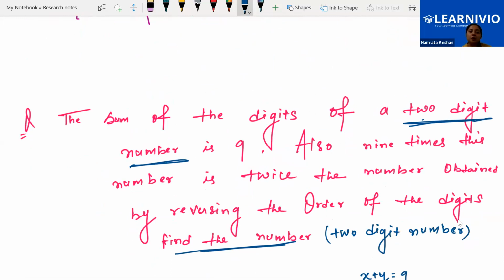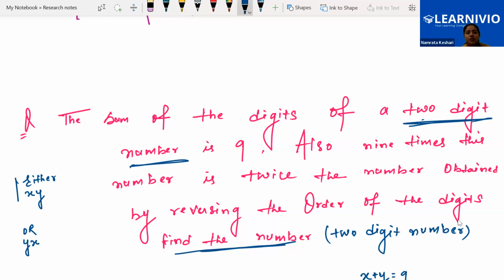So we can assume a two-digit number, either xy or yx. Now you must be clear that xy and yx are completely different scenarios. Yes or no? Yes. Exactly, because the place value is different. So either we can assume xy or we can assume yx as our two-digit number.